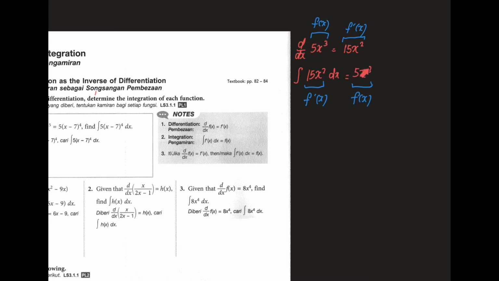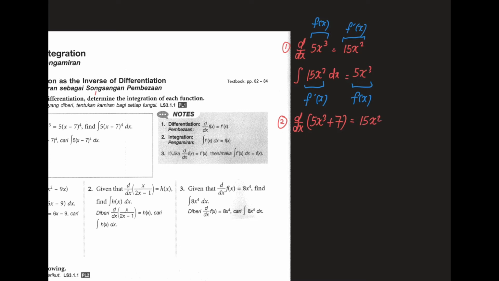Okay, so let's say one more example. This is example 1. Now let's say example 2. I purposely put it in a similar way: 5x cubed plus 7. When you do differentiation, you will get 15x squared.